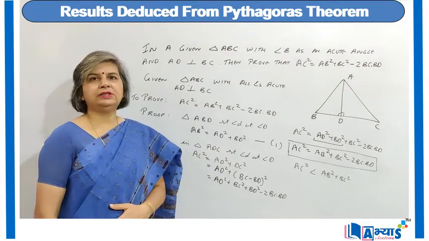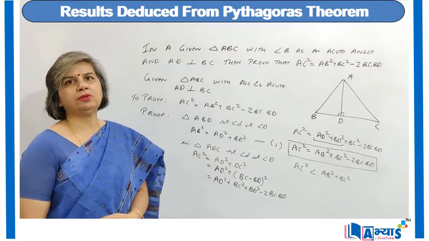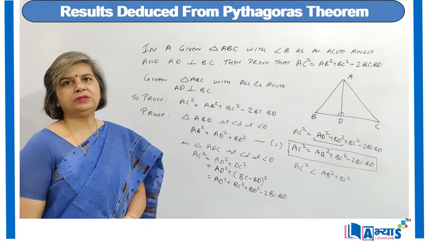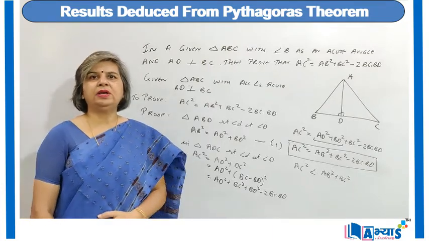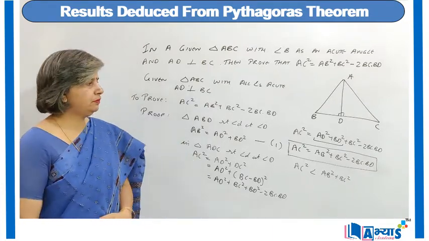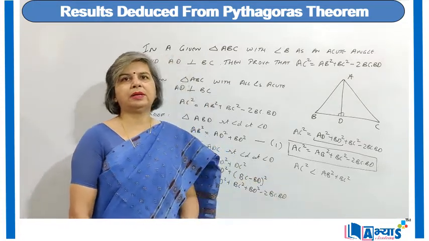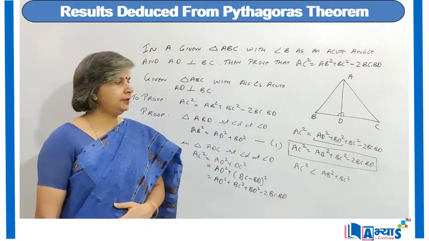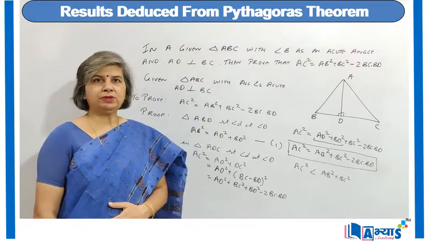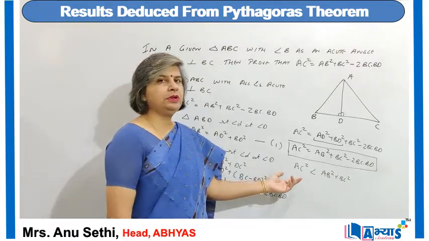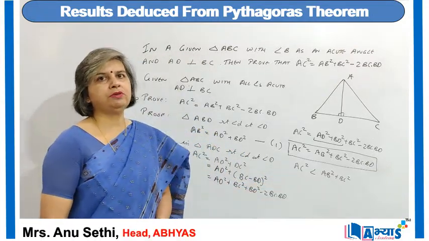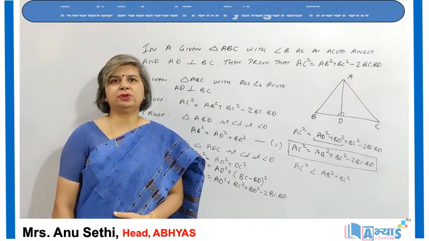So these are the relations that we can deduce from the Pythagoras theorem, and we can use these inequalities in various situations. Whenever the question demands, we should know that in an obtuse angle triangle, the square of the longest side is greater than the sum of the squares of the two sides, but in an acute angle triangle, the square of the side is less than the sum of the squares of the two sides.